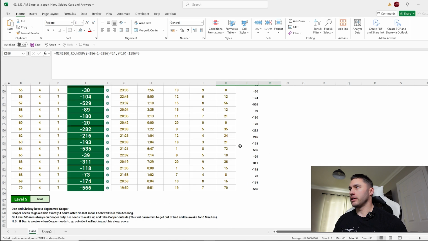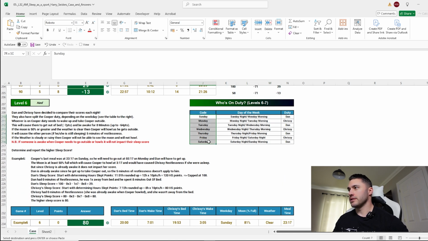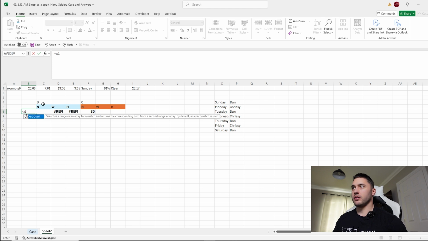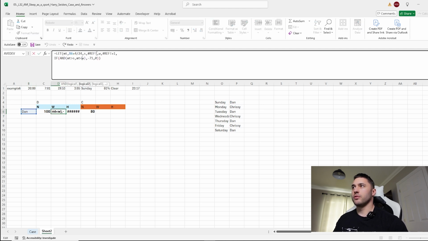So for the walking, we need to figure out who's on duty. So let's bring in our table from, where is it? Down here. So this is the day, this is who does the walk. So let's put that here. So let's do XLOOKUP the day in here and tell me who's on duty. So now what needs to be true for the walking?